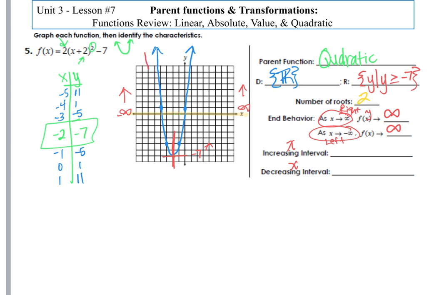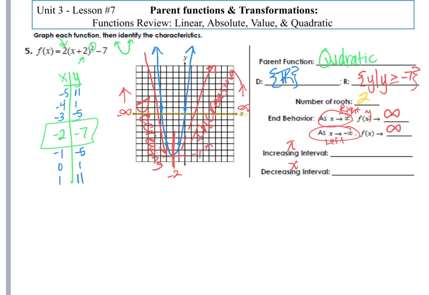So coming from the left, I notice I'm going down until I get to the vertex. After the vertex, where the x value is negative 2, we turn around and start going up. So going down this side, we are decreasing. On the right side, we are increasing.